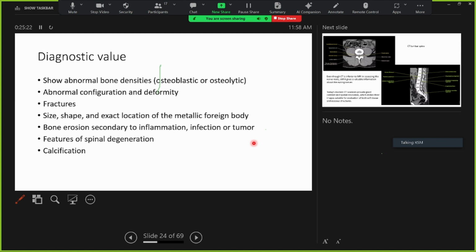The diagnostic value: it shows very well the bone abnormalities, osteolytic and sclerotic lesions, abnormal configurations, deformities, and fractures. And if you want to locate a metallic foreign body, you can exactly locate it. Bone erosion secondary to inflammation, infection or tumor can be assessed. Features of spinal degeneration and calcifications you can assess.